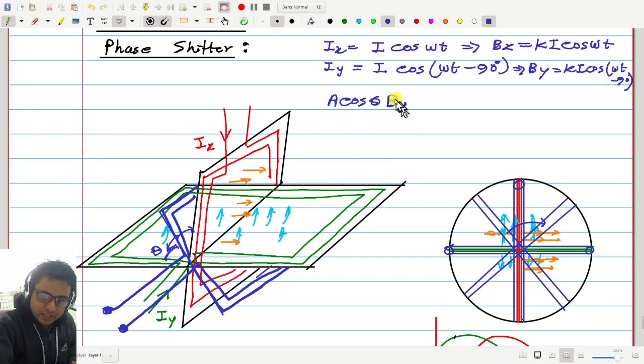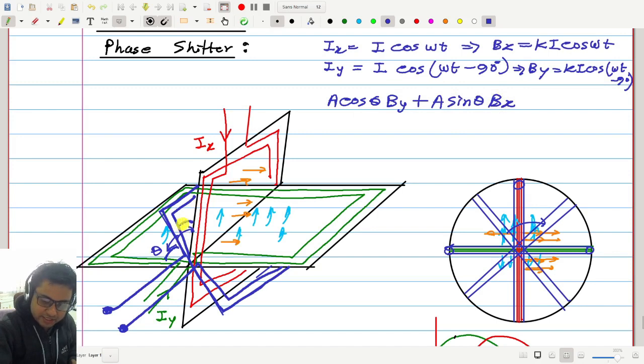Plus, the flux due to the Ix current will be A sine theta Bx. Why sine theta?